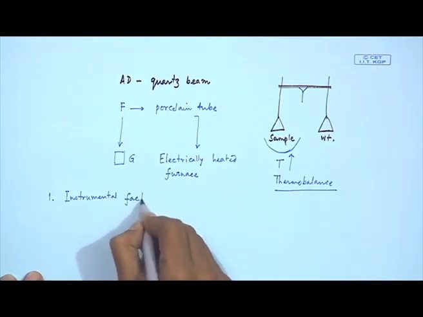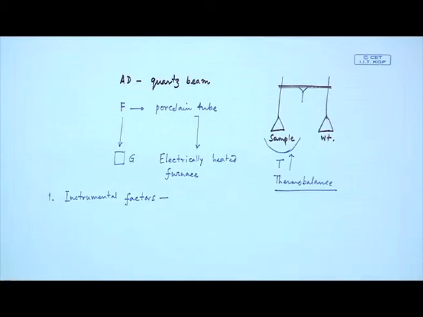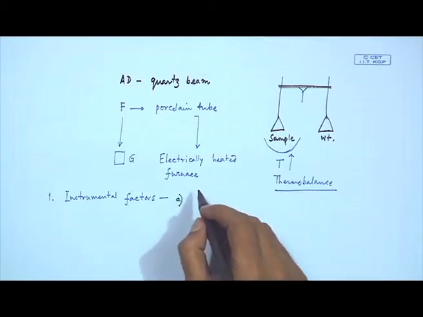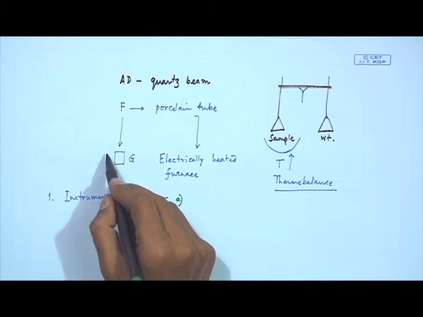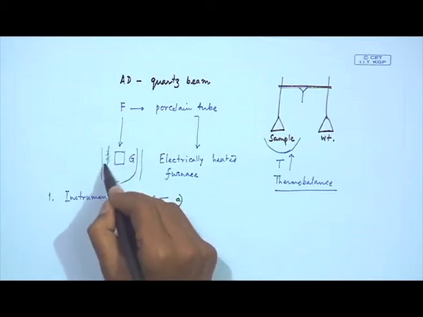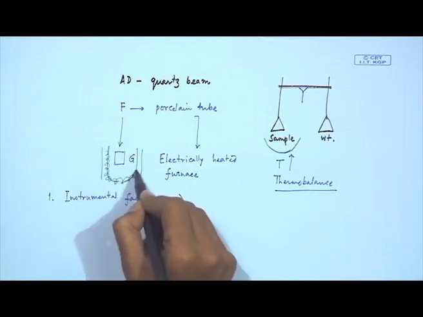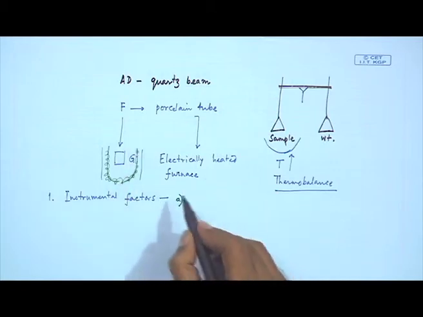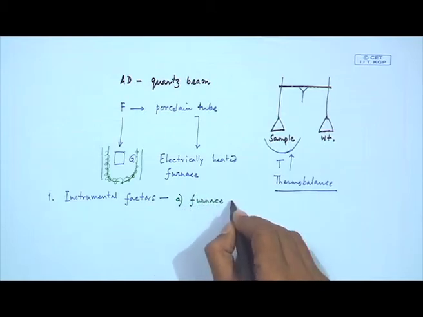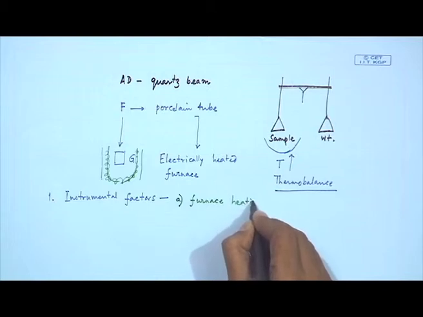Those instrumental factors are very important to understand, because the sample G is kept inside the furnace. In the furnace, as we have just seen, it is electrically coiled for the heating process. So, this instrumental factor is the furnace heating rate.